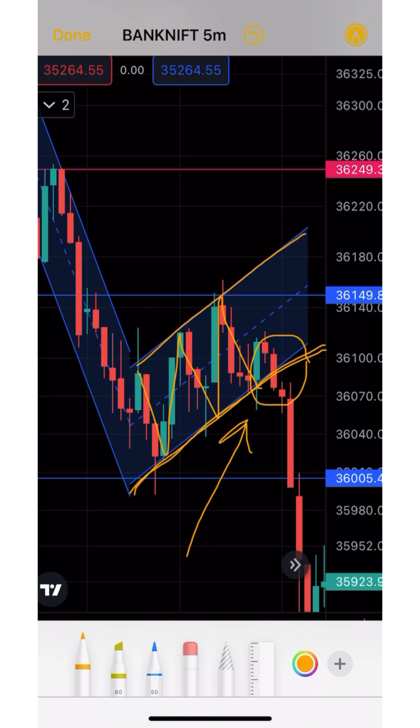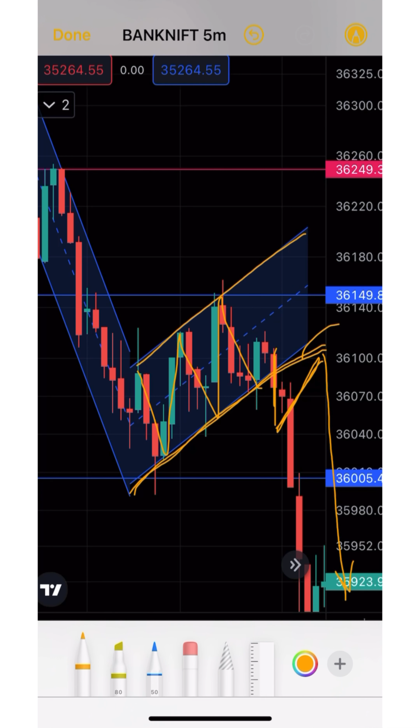Now let's discuss another form of entry, called a retest entry. Whenever a red candle closes below this parallel line, the market will make a pullback in the upward direction and it will make a retest on this parallel line. Once it has done the retest, you will see a strong bearish momentum downwards.